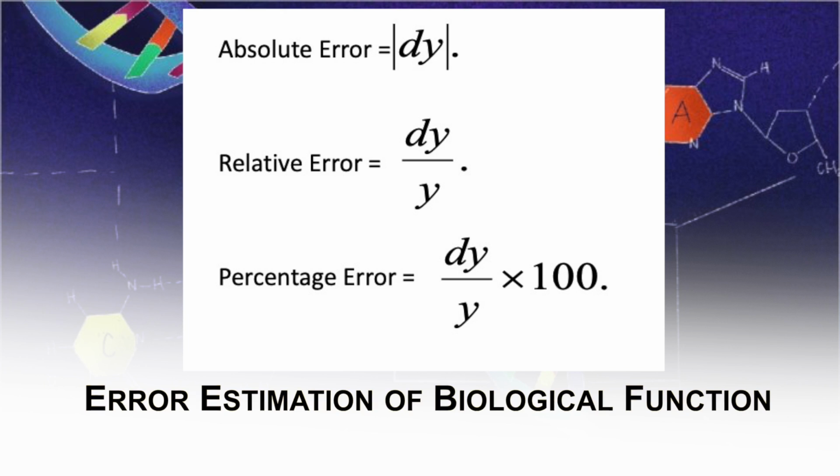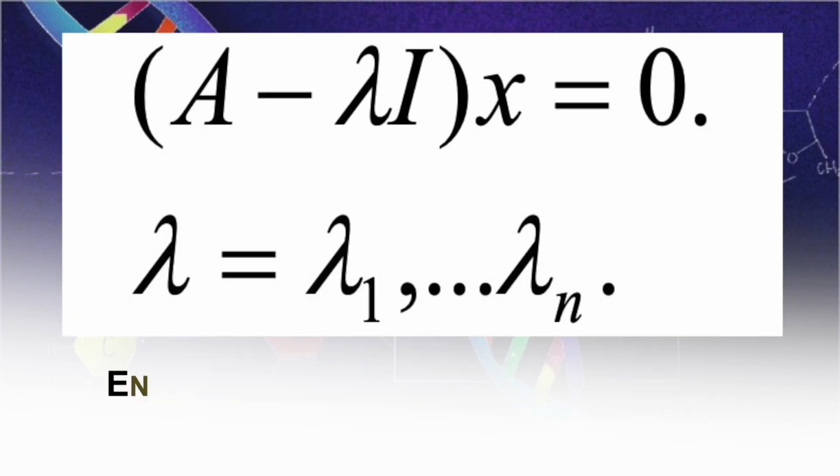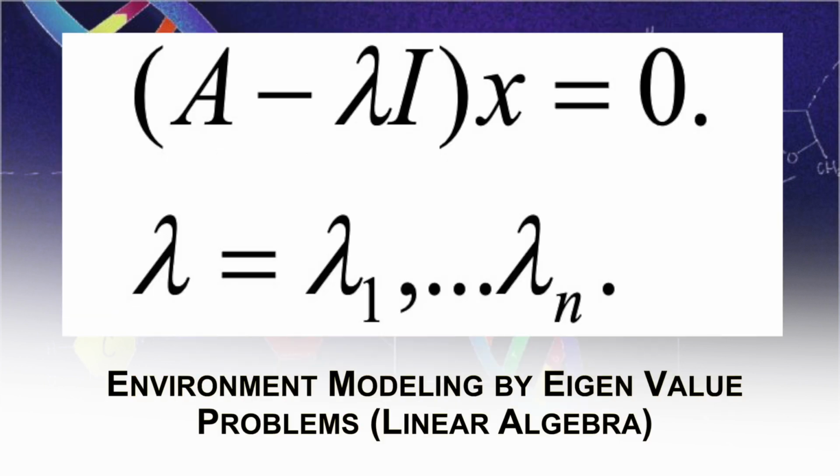Similarly for error estimation: there exists an error because the biologist has the data, but there may be errors, handled through calculus as absolute error, relative error and percentage error. If we confirm the error, then we reduce it in the result. Again, there is a wonderful mathematical or linear algebraic aspect for studying the environment.